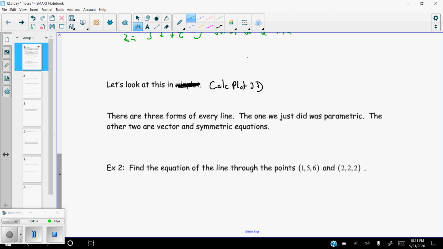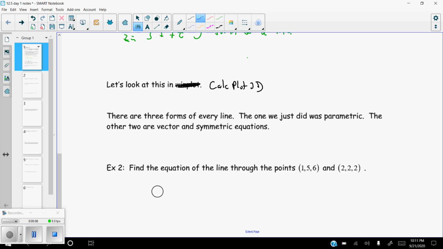Okay, vector equations are actually really simple. The vector form is really just going to be the parametric form written as a vector. So from this example, I'm going to write this in between here.